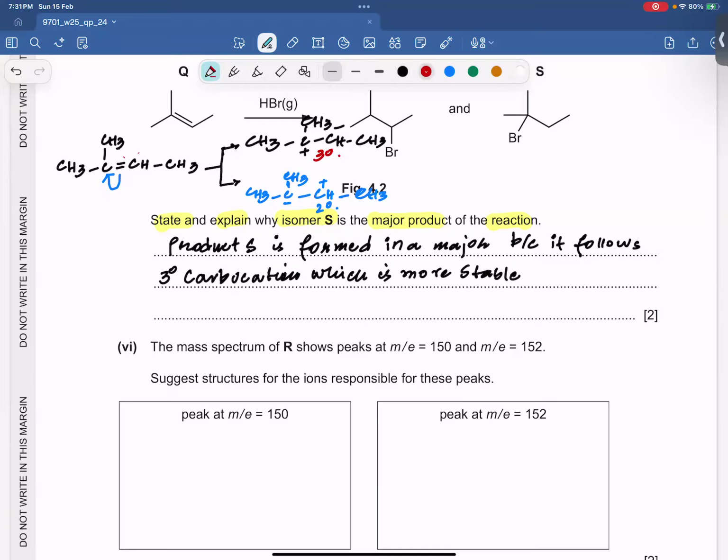Why is it more stable? Positive inductive effect.